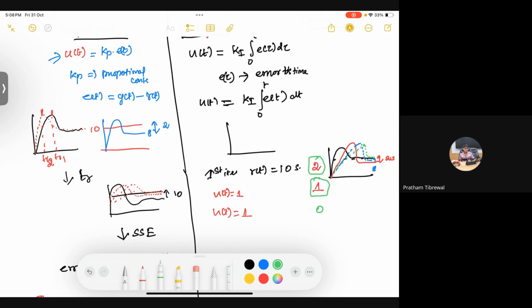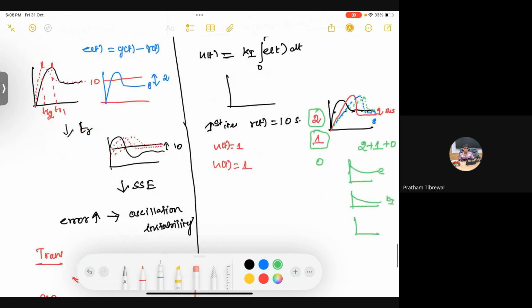But when it comes to the integral controller, this will be added together. So eventually when your error is getting reduced, your control action or your Ki will also get reduced. This is error and this is your Ki. If your error keeps increasing over time, accumulating this error makes the Ki also increase over time. Do you understand this relation?